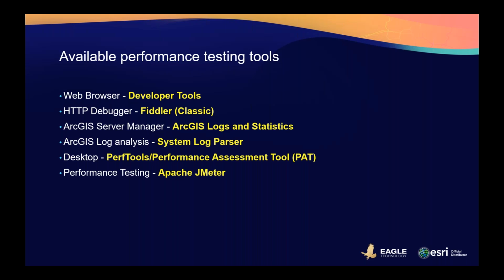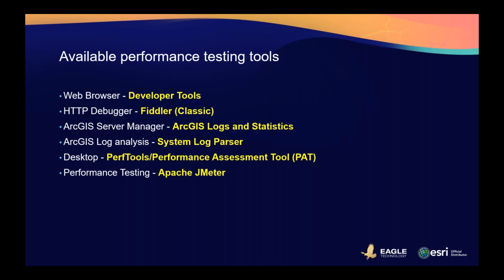On the desktop side, on the ArcGIS Pro side, there's an add-on called Perf Tools, and this is a good way to also see how your actual data is performing, and this is very useful to check possibly even before you publish your service.